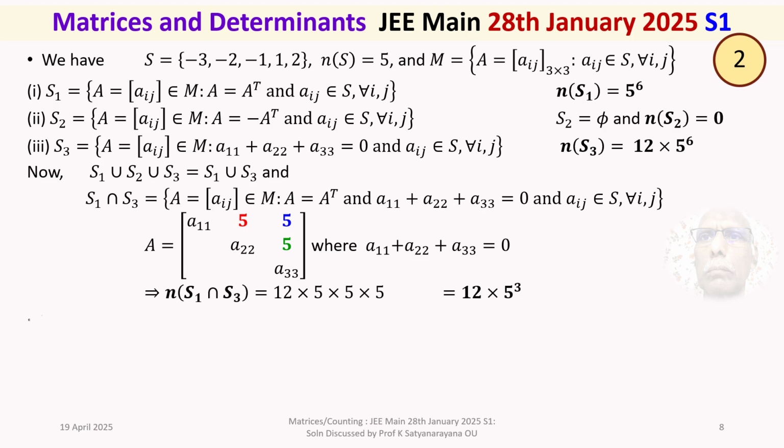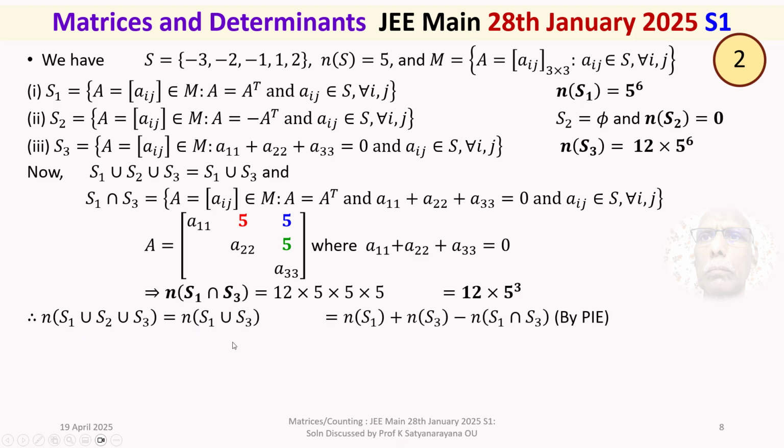Right. We are ready. n of S1 union S2 union S3 is n of S1 union S3 because S2 is empty. And this is equal to n of S1 plus n of S3 minus n of S1 intersection S3 by the principle of inclusion and exclusion. Now we know n of S1 is 5 to the power of 6, n of S3 is 12 into 5 to the power of 6, n of S1 intersection S3 is 12 into 5 cube.